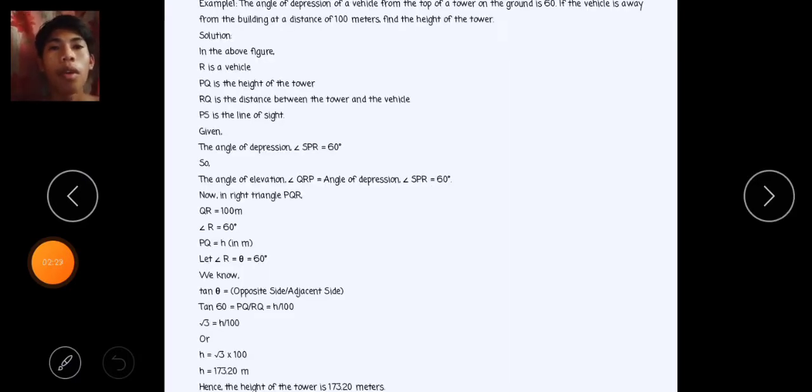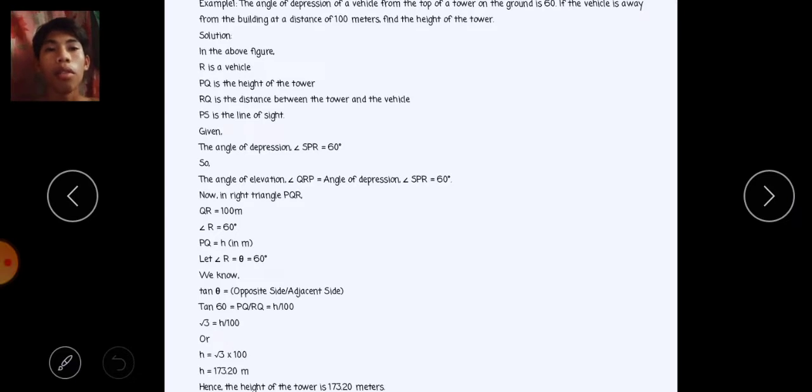So for example, the angle of depression of the vehicle from the top of the tower on the ground is 60 degrees if the vehicle is away from the building at a distance of 100 meters. Find the height of the tower.